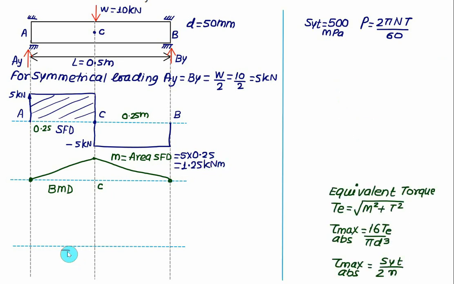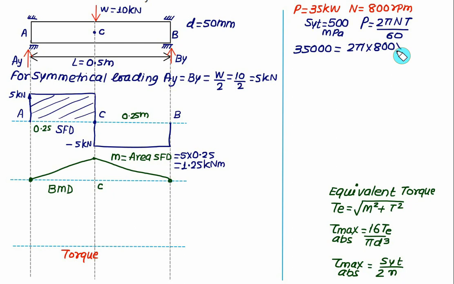Finally, we'll use one more diagram, that is a torque diagram, and torque remains constant over the entire cross section. But first of all, we'll calculate the torque. We are given the power equal to 35 kilowatt and the rotational speed is 800, so we can substitute for power equal to 35,000 watt, equal to 2 pi times 800 multiplied by torque divided by 60.